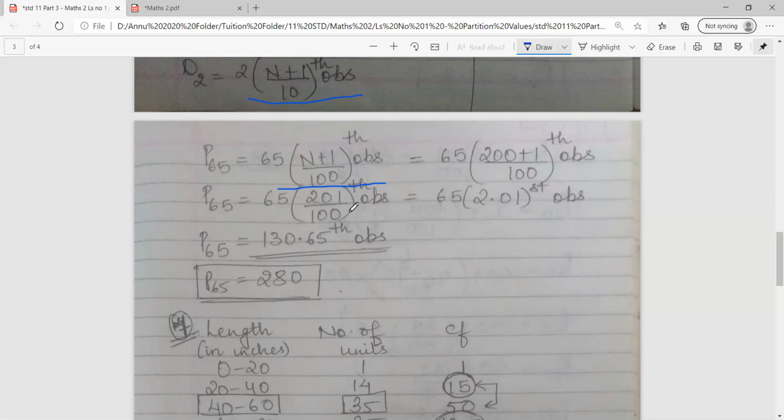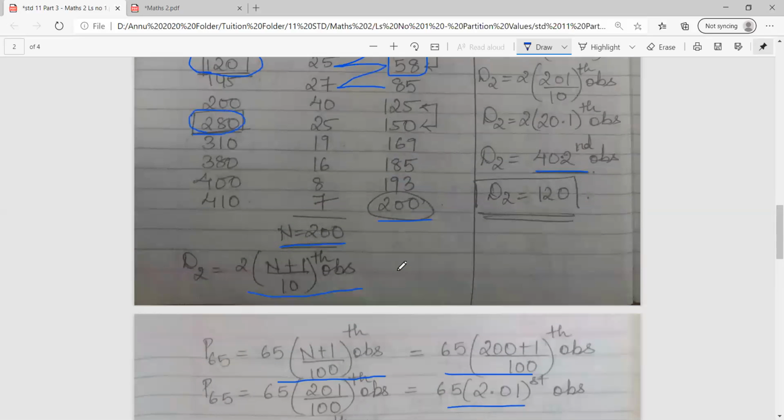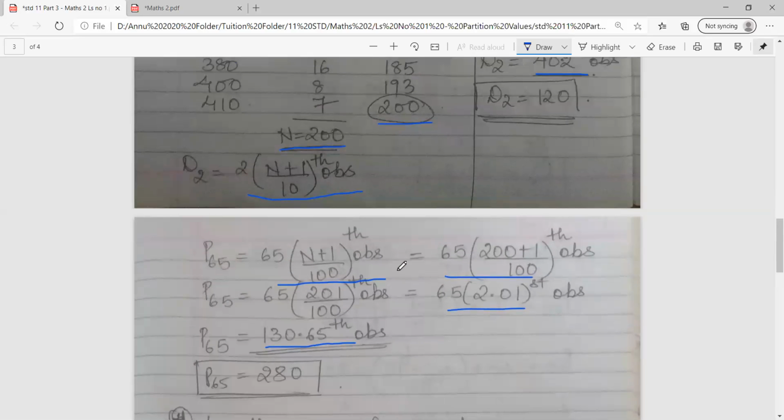And on multiplying it by 65, you get the answer to be 130.65th observation. Now 130 lies between 25 to 50. So we always take the bigger value, and in front of that you can see the value to be 280 in the table. So the answer of P65 over here is 280.